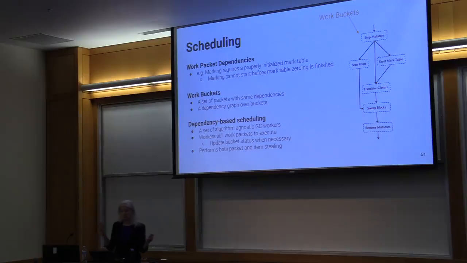And then we have what's called dependency-based scheduling, and that's agnostic of the GC worker threads, but the workers pull packets out of these buckets to execute, and then you update the bucket status when there's no more work to do, and none of the predecessors can produce work. They're completely finished and can no longer produce any work, like the scan roots is finished, so it can't produce any more work. So that work bucket is closed and won't have any more work to do. So that's how it basically works.